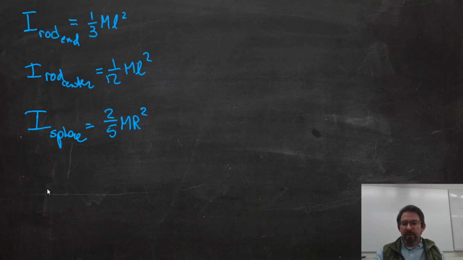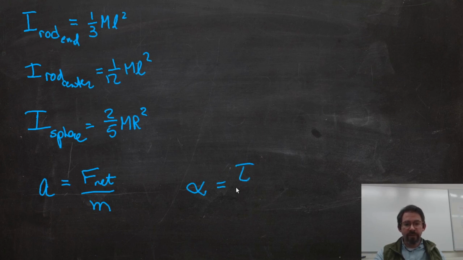So whereas we had acceleration is equal to the net force divided by the mass, angular acceleration is going to be the net rotational version of force, which we call torque, divided by the moment of inertia. Or in the form you often see these, Newton's second law, F net equals ma, and torque equals I alpha.